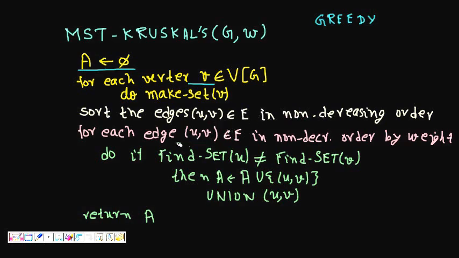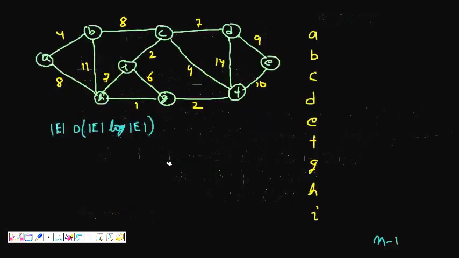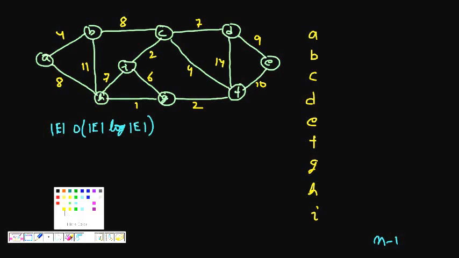For each edge uv taken from the set E in non-decreasing order by weight, we find if the sets of the endpoints are the same. If they are the same, then we should not include the edge in our minimum spanning tree, because that will form a cycle. If not, then we should include it.